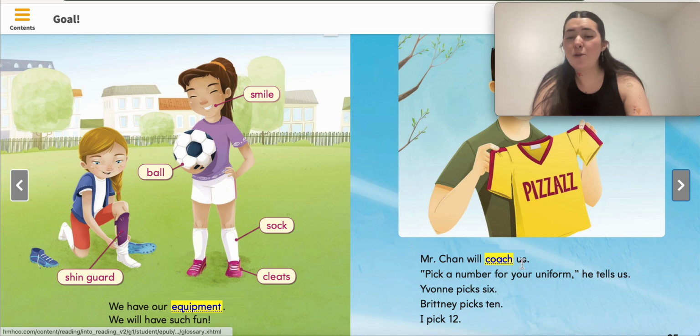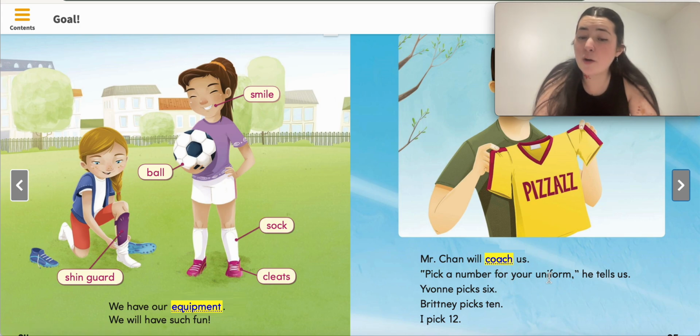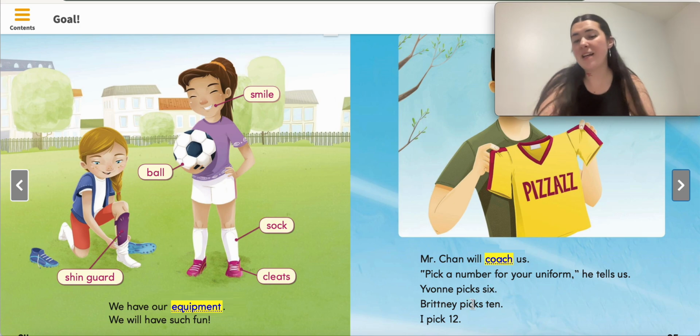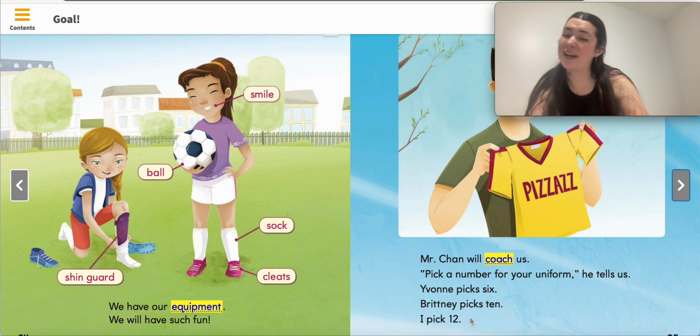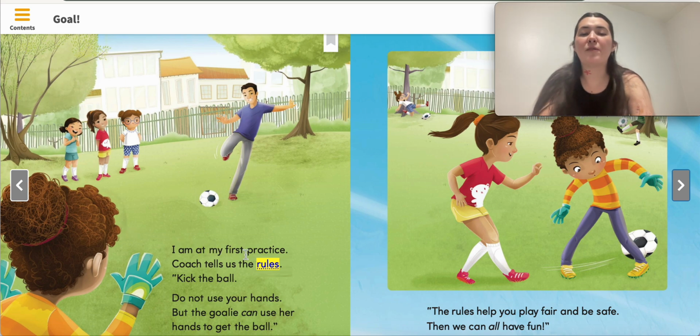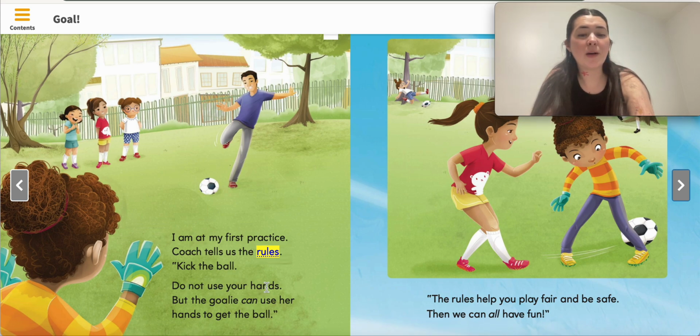"Mr. Chan will coach us. Pick a number for your uniform," he tells us. Yvonne picks 6. Brittany picks 10. I pick 12. I am at my first practice. Coach tells us the rules. Kick the ball. Do not use your hands. But the goalie can use her hands to get the ball.